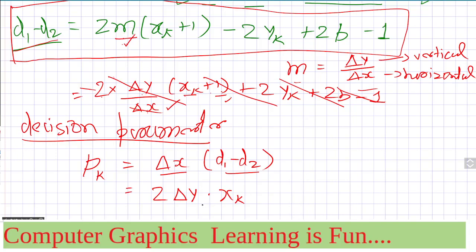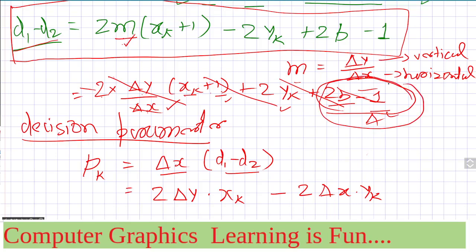So this is what you are getting here, 2 delta y into delta xk minus 2 delta x into yk, right? Now here you have 2b minus 1. Whatever you are having along with the delta x, let us consider all those things as c, a constant value.